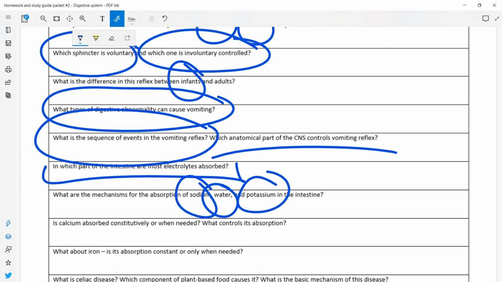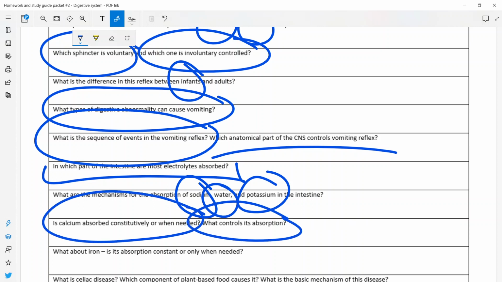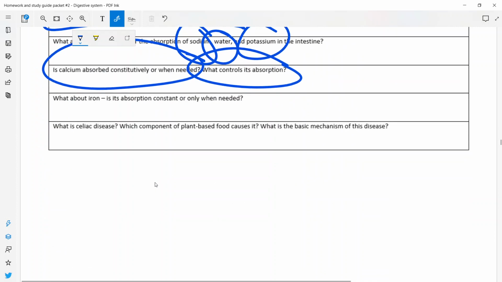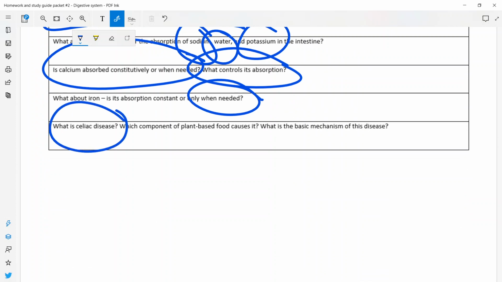Potassium is absorbed usually by transport between the cells, because when water is absorbed, potassium concentration in the intestine rises. Calcium is absorbed when needed, and parathyroid hormone controls its absorption. Iron is absorbed only when needed, so there's no point in getting iron pills.